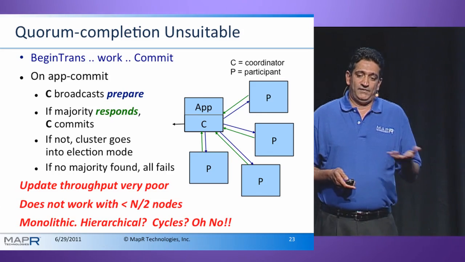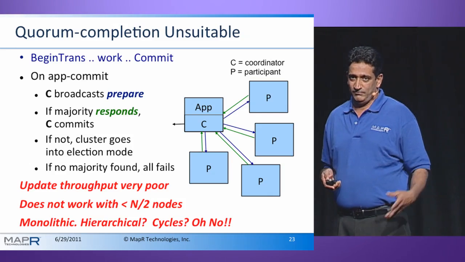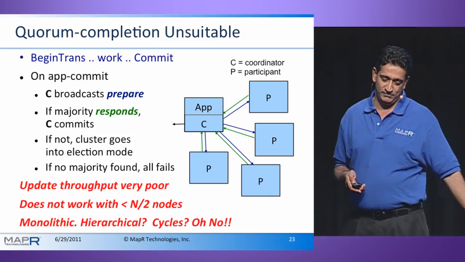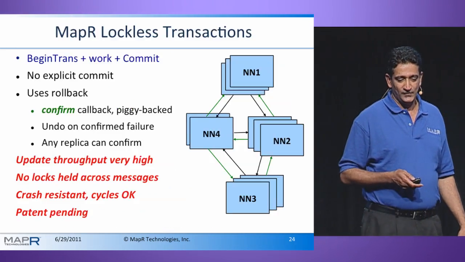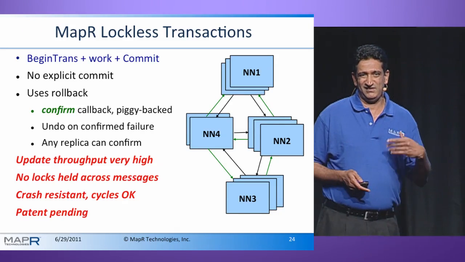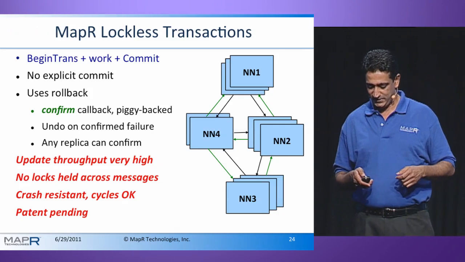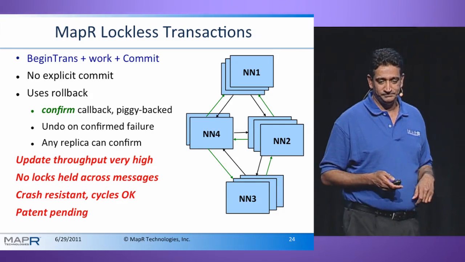And so the obvious problem here was that the update throughput was very slow, because you need a large number of write replicas. It does not work with n by 2 nodes, and it's kind of monolithic. That is, you can't do hierarchical things like you can do with two-phase commit.